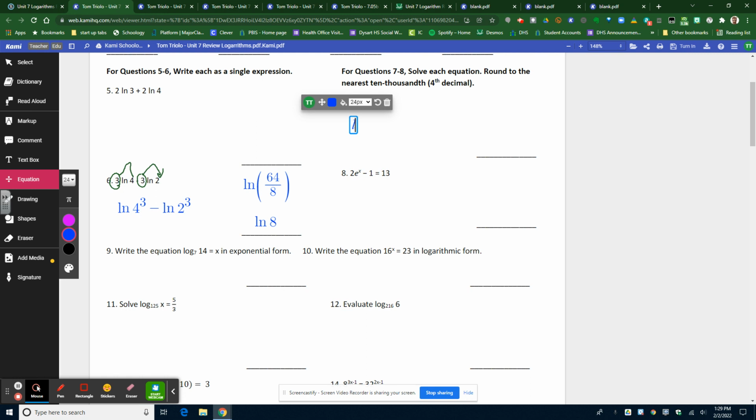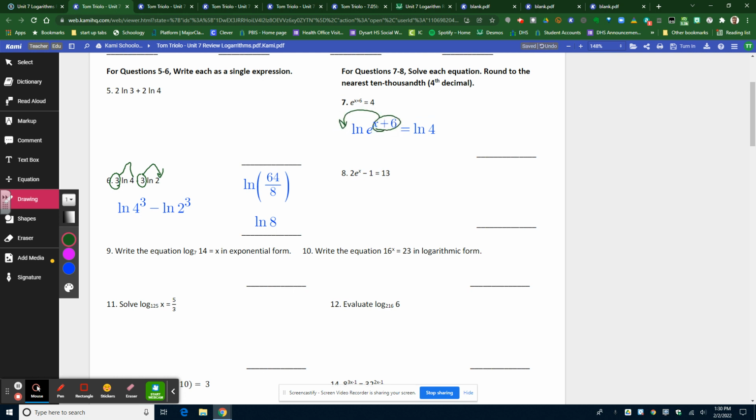So ln e to the power of x plus 6 equals ln 4. Last time we moved the exponent up. This time we're moving the exponent down. So x plus 6 times ln of e is just x plus 6.